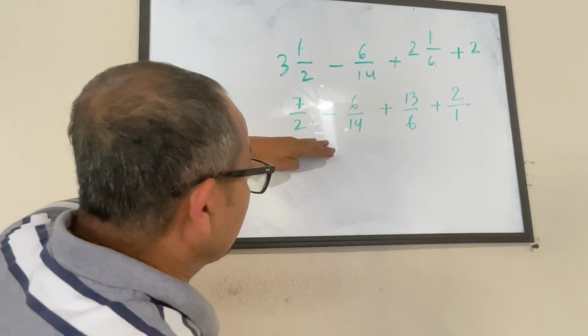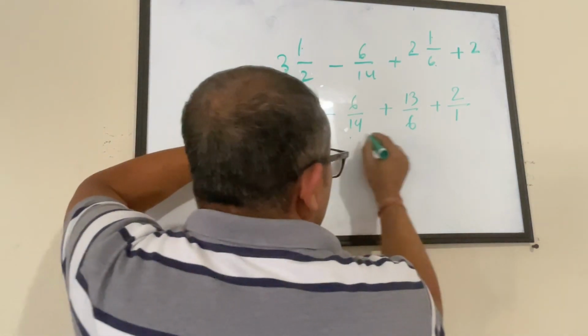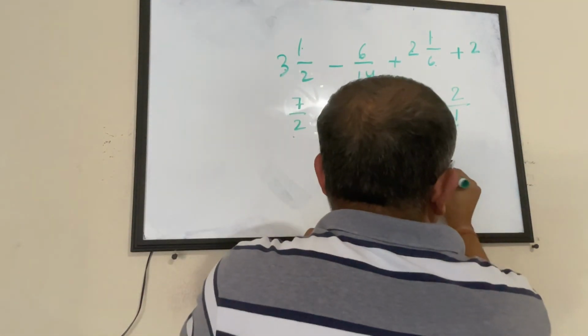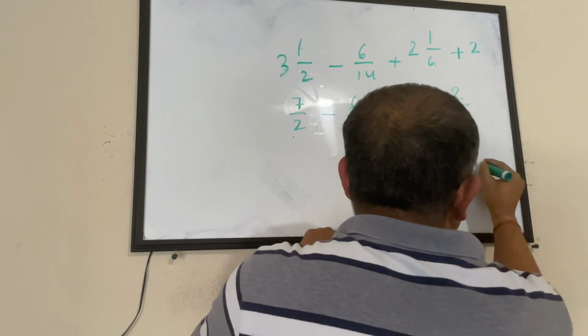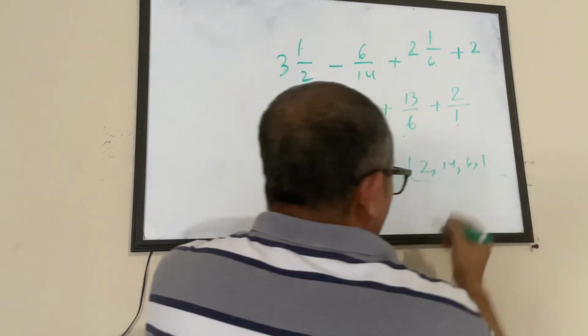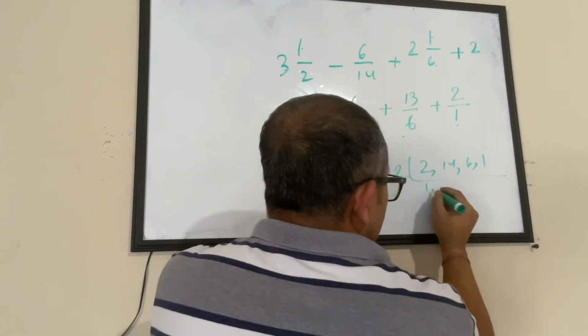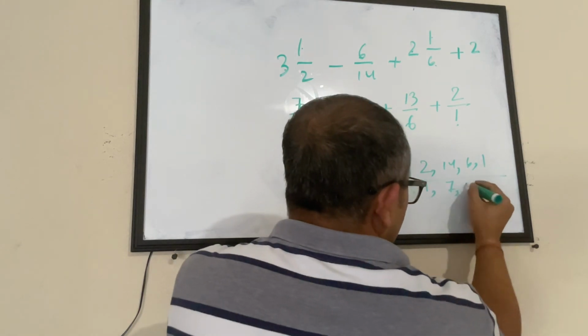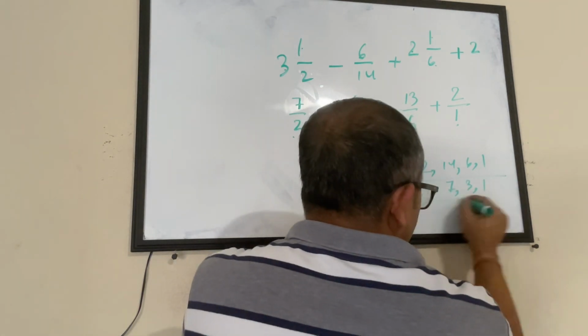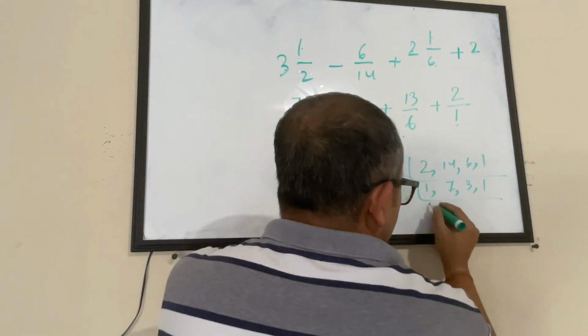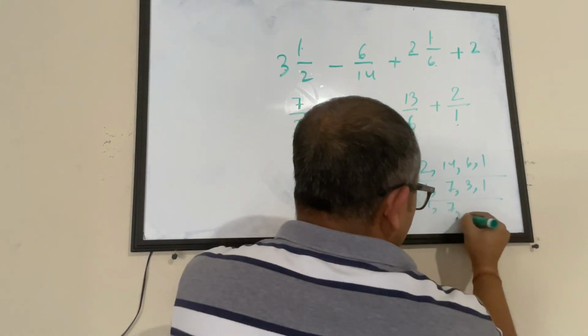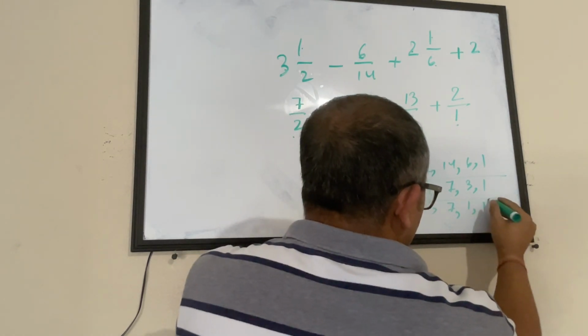And what all do I have in the denominator? 2, 14, 6 and 1. Let's find out the LCM for this. 2, 2 1s is 2, 2 7s is 14, 2 3s is 6, 1 remains 1. Then I take 3, 1 remains 1, 7 remains 7, 3 1s is 3, 1 remains 1.